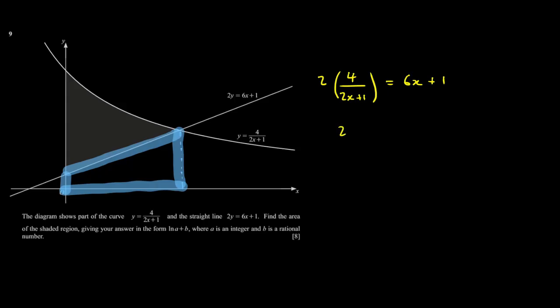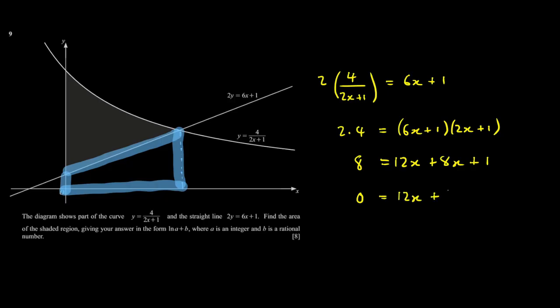I'm going to get 2 times 4 is equal to 6x plus 1 times 2x plus 1, which is going to expand to give me 12x squared plus 6x plus 2x, which is 8x, plus 1. So it's going to be equal to 8. So 0 is equal to 12x squared plus 8x minus 7.